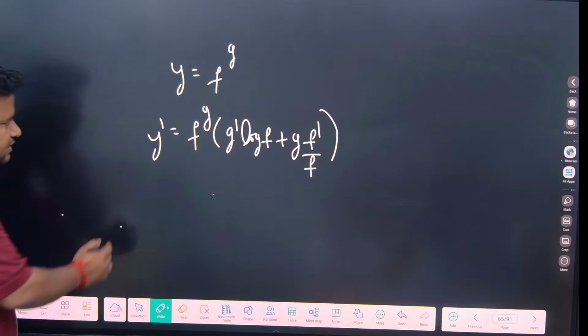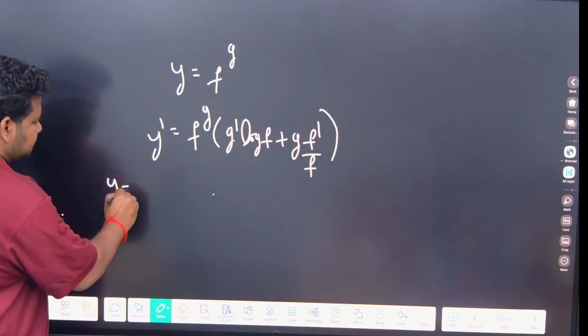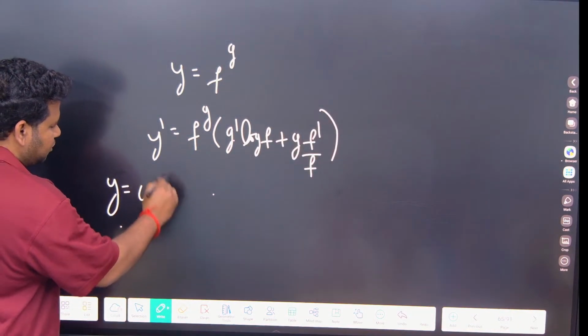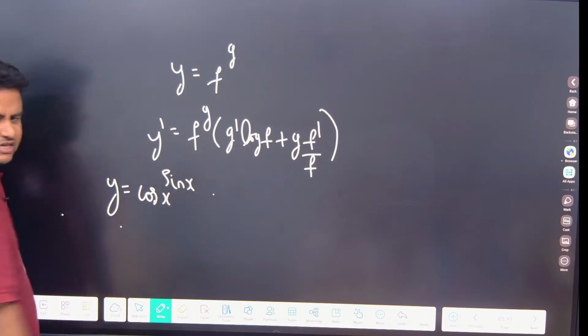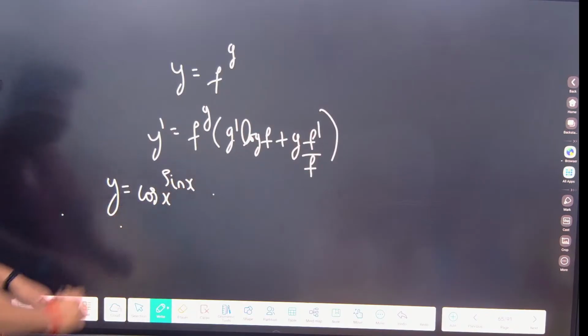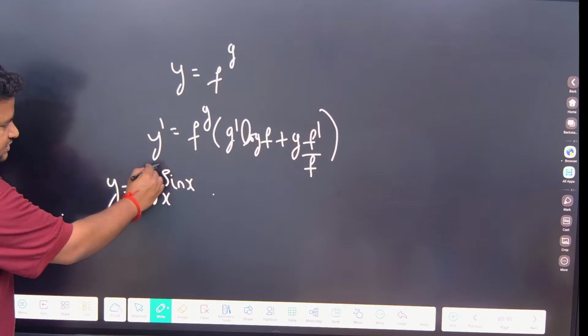Okay, now see here, if y is given as cos x to the power of sin x, here f is cos x, g is sin x.